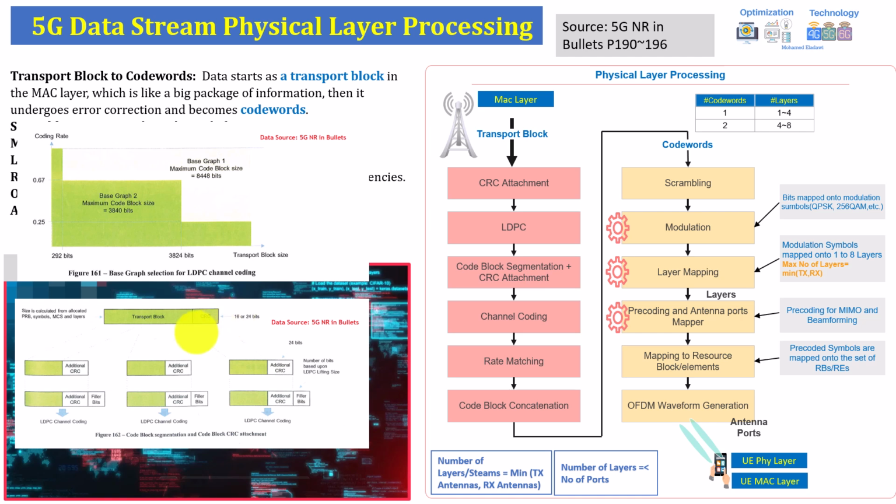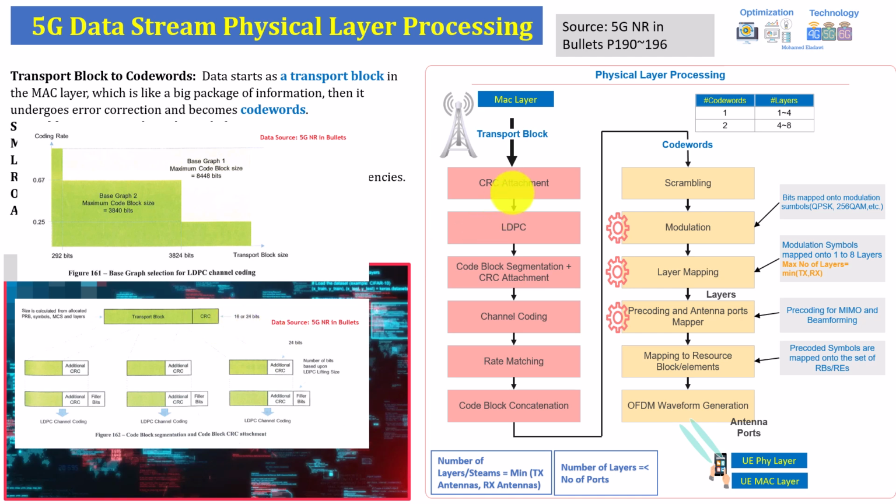But now in 5G, it can reduce the bits, which we can consider as overhead, from 24 to 16 in case the transport block size is less than a specific value, which is 3824 bits. So if the transport block is less than 3824, it will assign 16 bits.